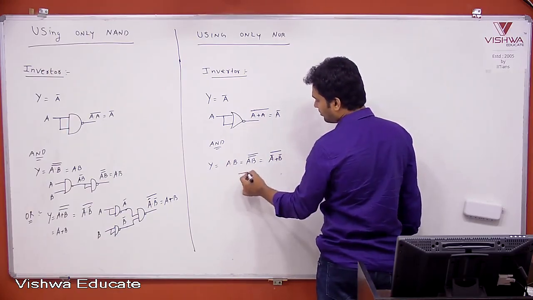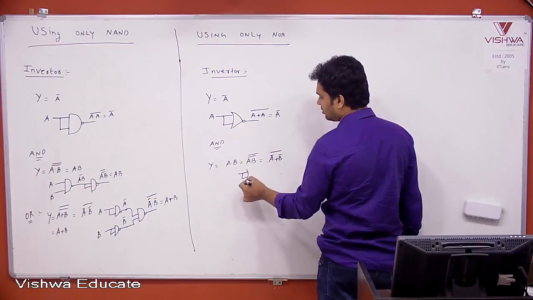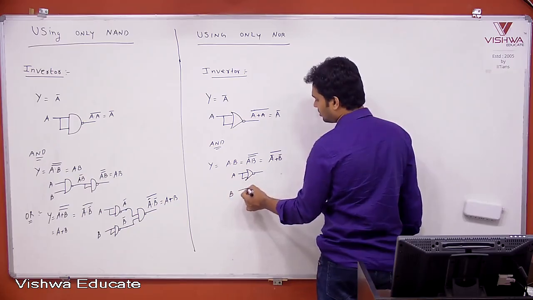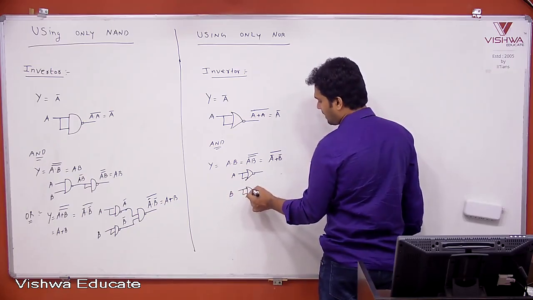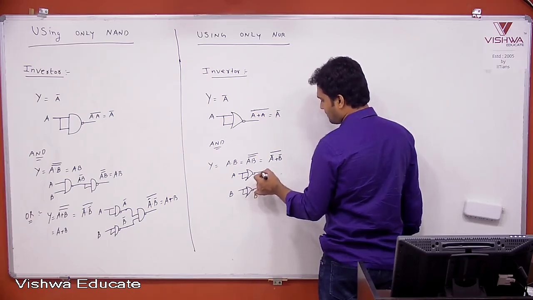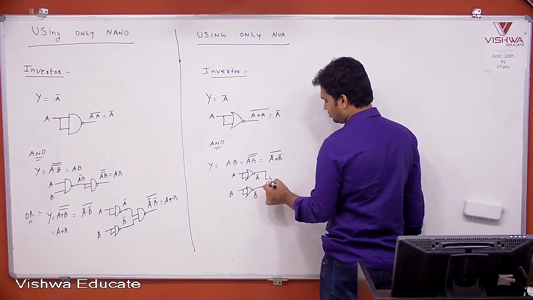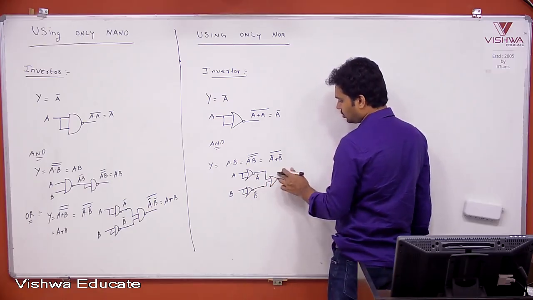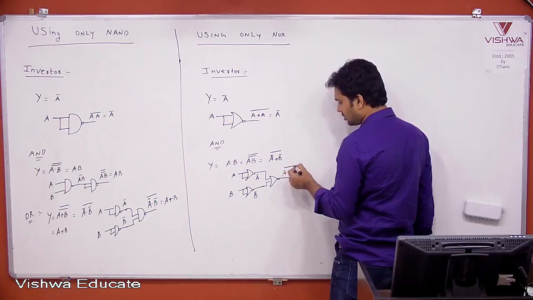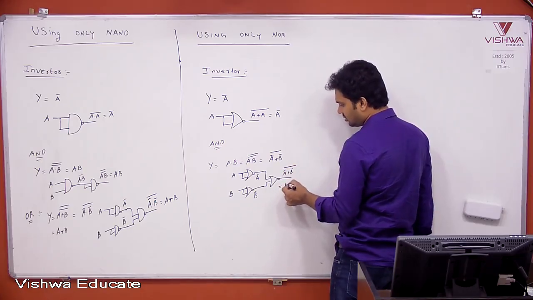A bar is required. How to make A bar? Just now we have seen. B bar. Now both of them whole bar. A bar plus B bar whole bar, which is nothing but AB.